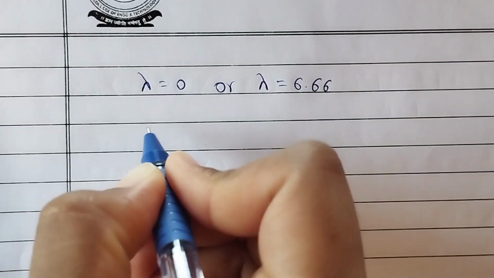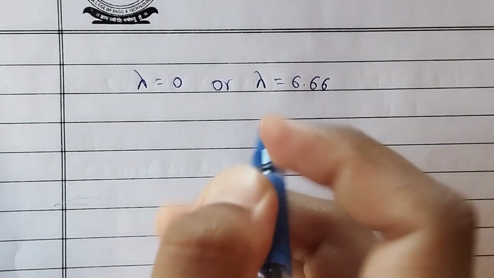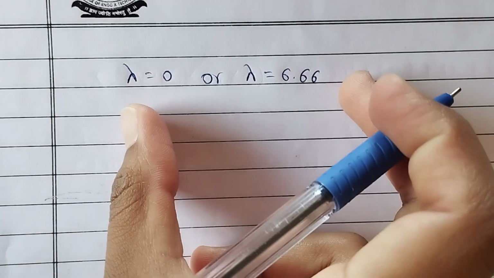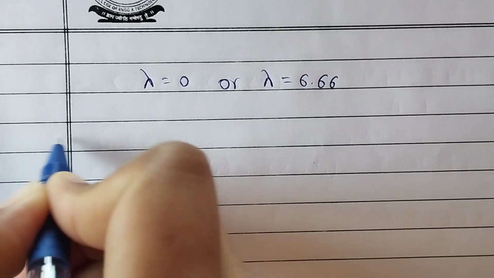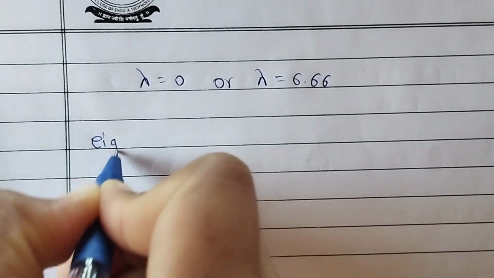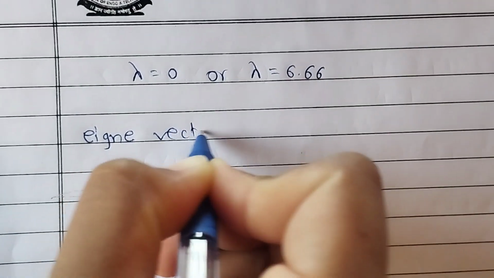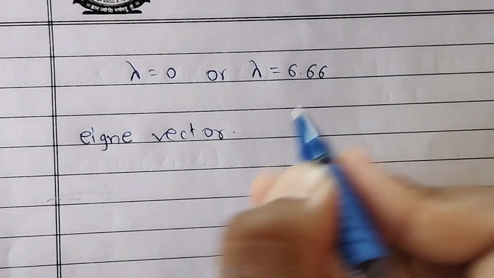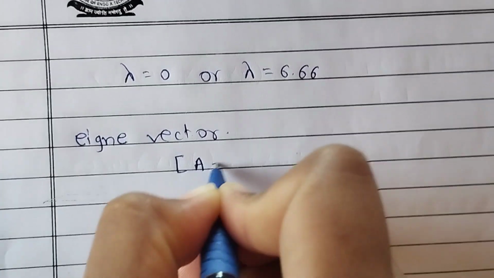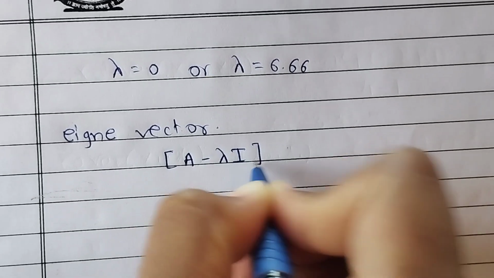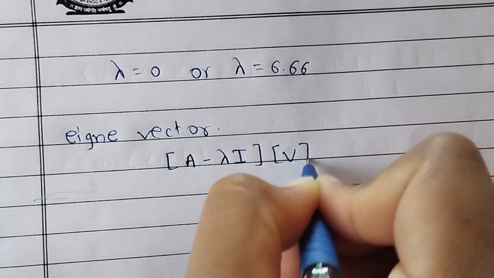Now the next step is to find the eigenvector. These are the eigenvalues. Now to find the eigenvector, again the formula is (A minus lambda I) into V equal to 0.